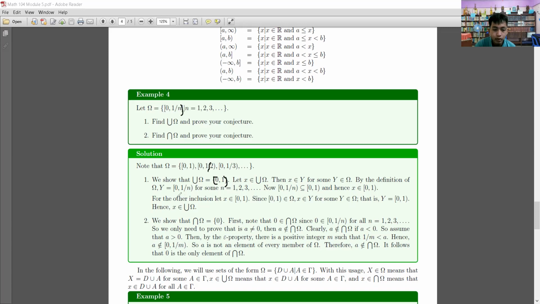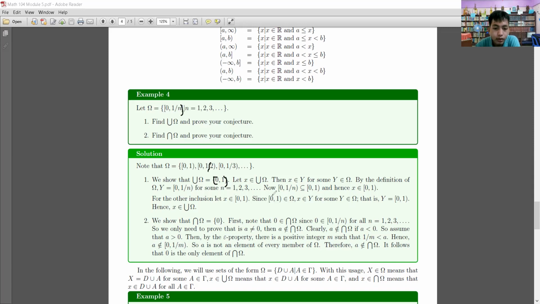For the other inclusion, since it is an equality, we need to show both sides. First, let x be in the union of omega and show that x is in the interval from 0 to 1. Next, let x be in the interval from 0 to 1 and show that x is in the union of omega. For this part, let x be in the interval from 0 to 1.